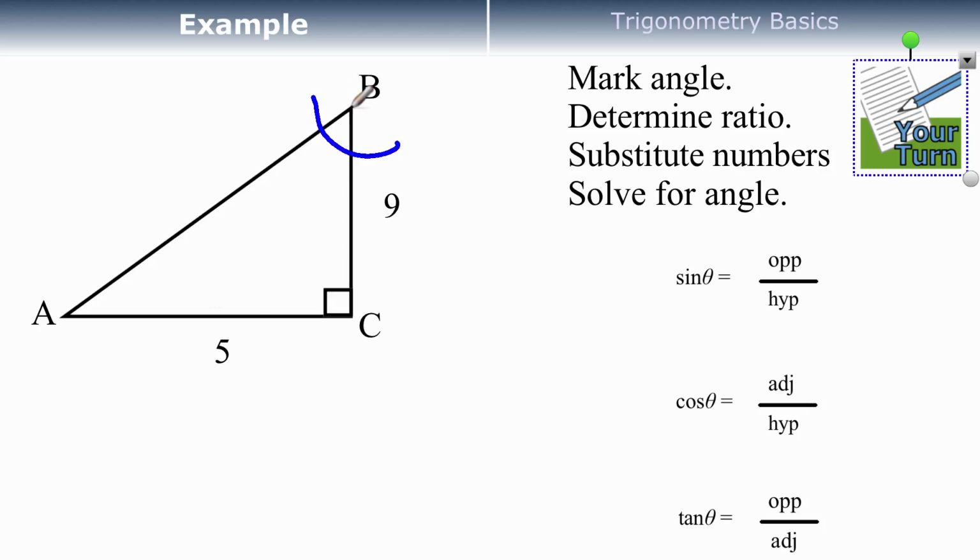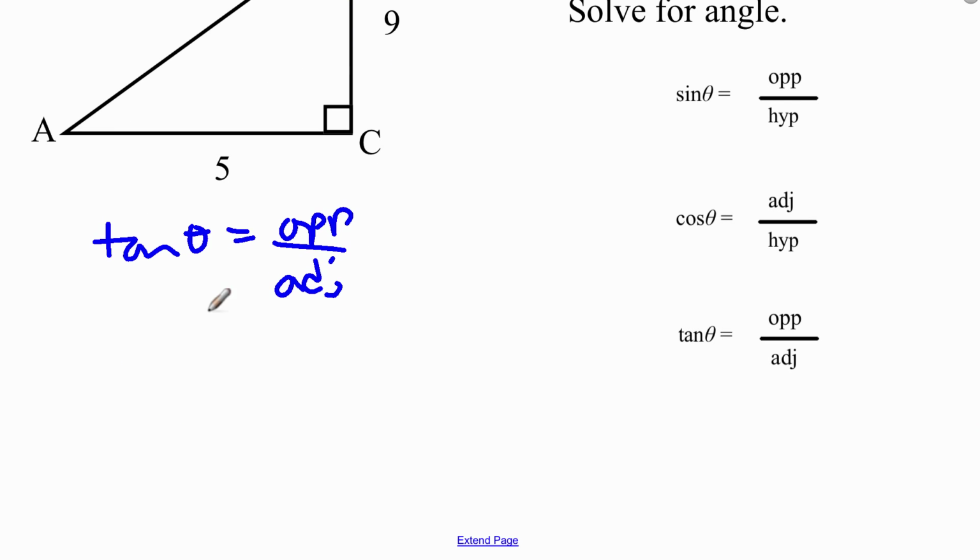Okay, so if I'm solving for B, this is opposite over adjacent, so I'm going to use the tan ratio. So tan theta is opposite over adjacent. So tan theta is equal to the opposite side was 5, adjacent side was 9. So I'm going to arctan both sides.